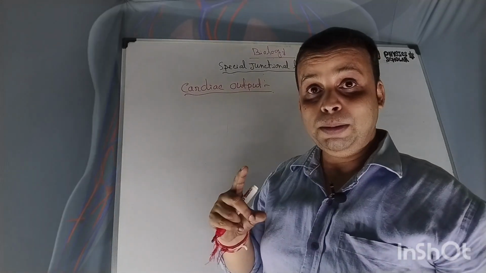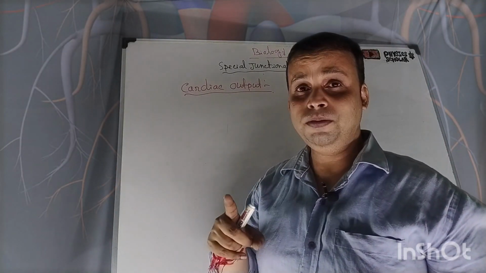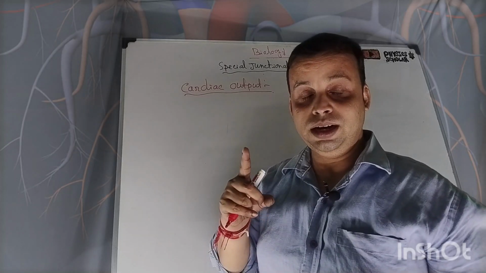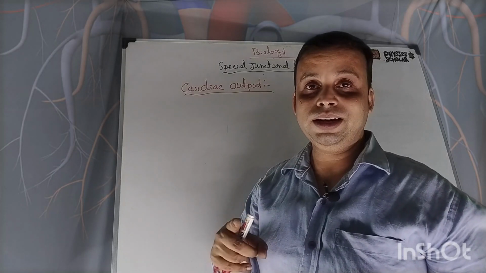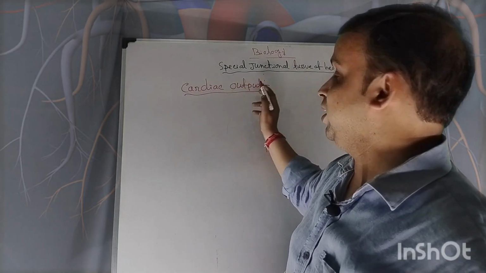So the amount of blood entering from each ventricle into the artery is known as the cardiac output.